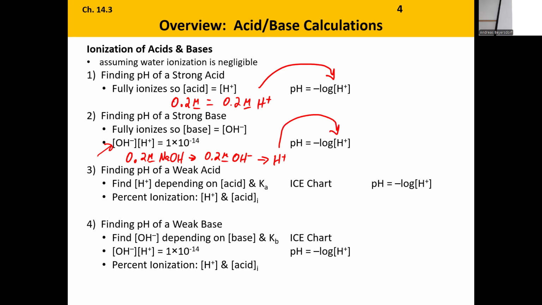Weak acids and weak bases are different. What's the difference between weak and strong? Strong, fully ionized, whereas weak, partially ionized. So we can't do that. 0.2 molar of a weak acid, let's say HF, will not get you 0.2 molar H plus.